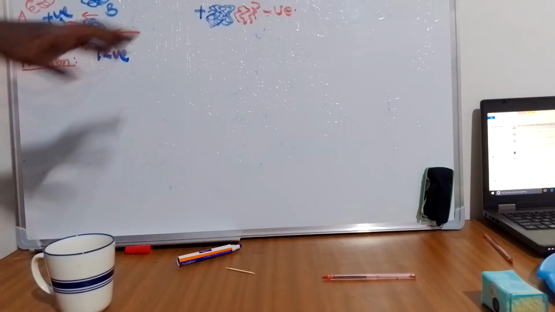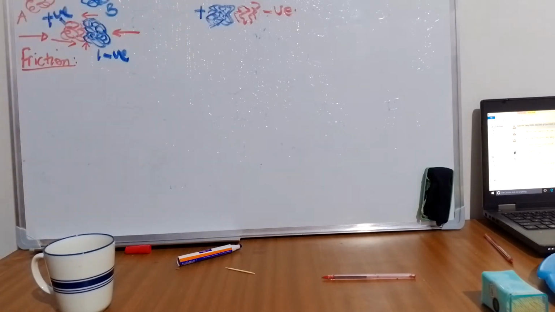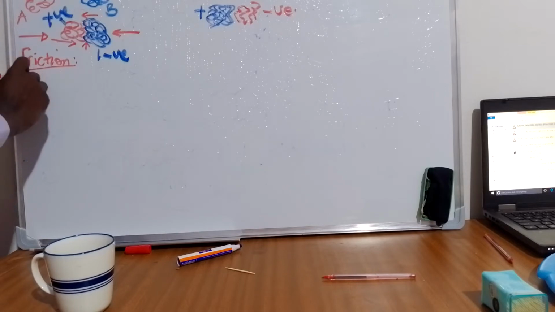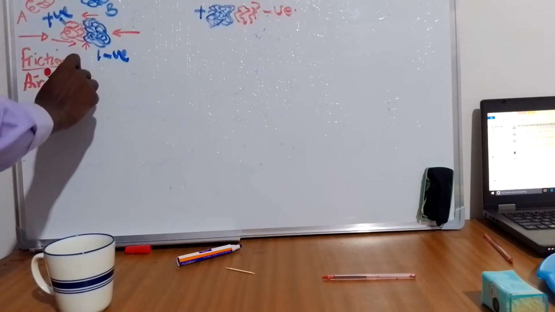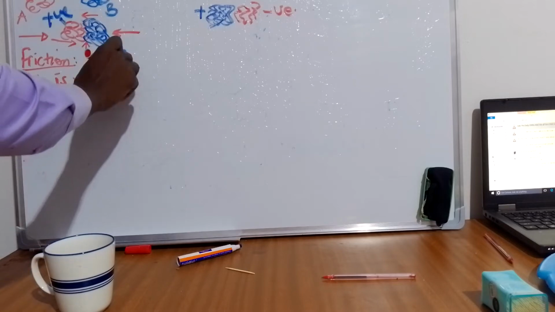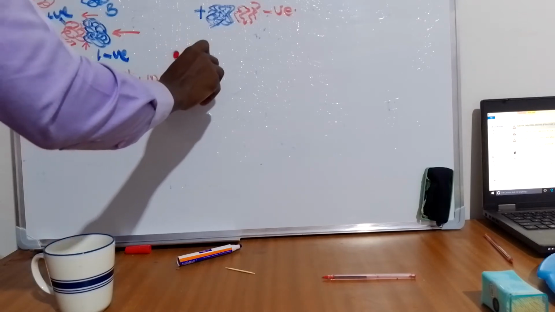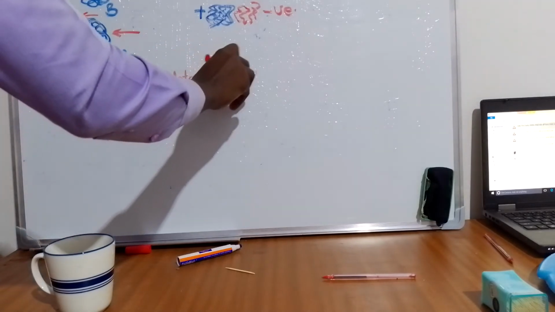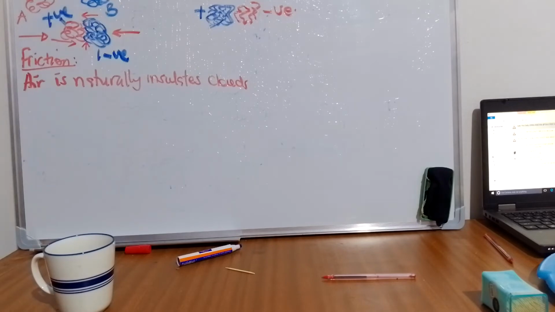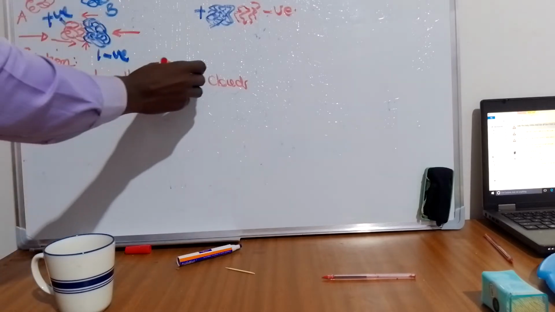But because air keeps insulating these clouds, that's why we don't have lightning occurring every now and then. It's because of air. So we have it here that air naturally insulates clouds until the charge is high enough to resist this insulation of air.